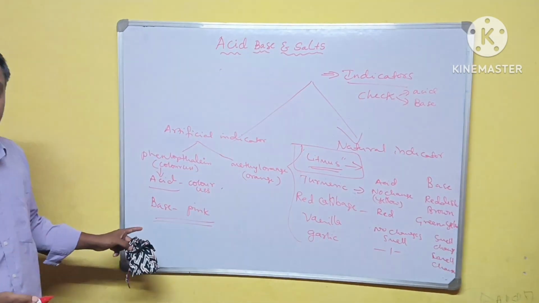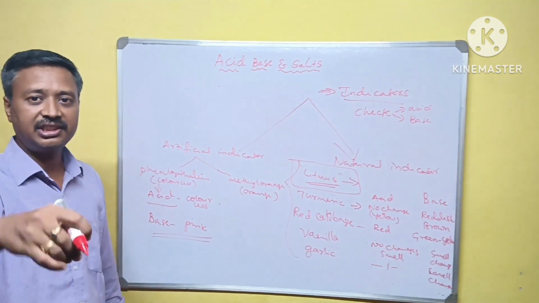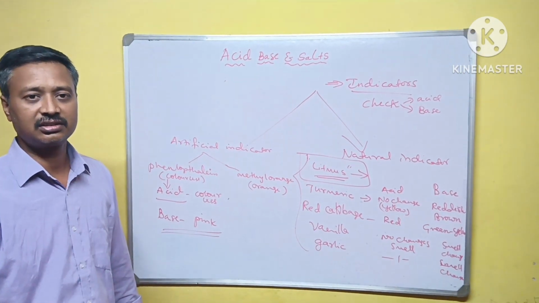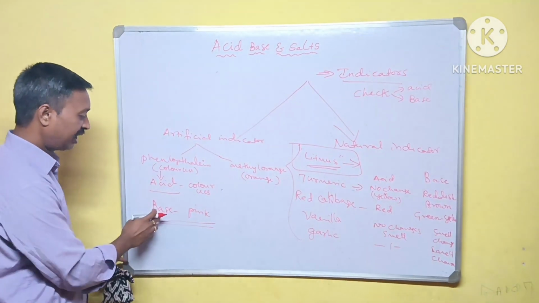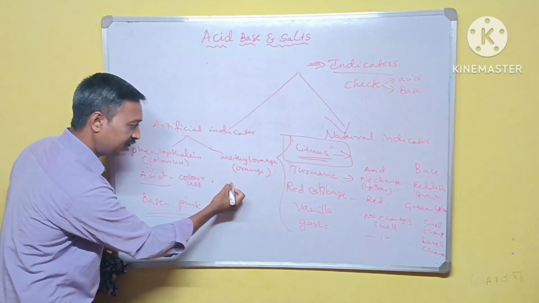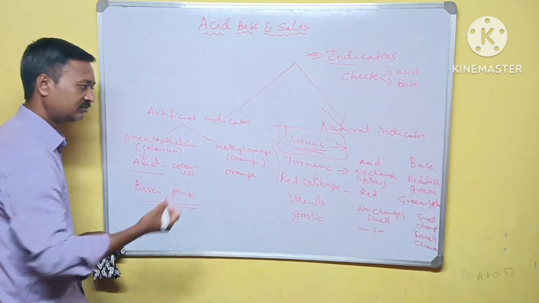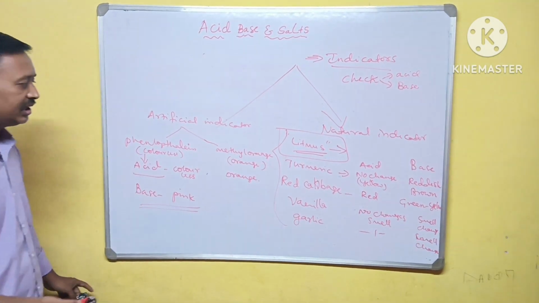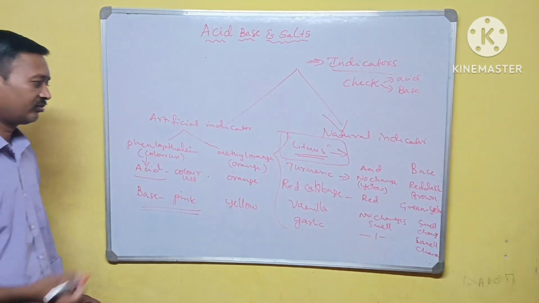Take phenolphthalein, pour on an acid, no color change. Pour it on a base, the color changes to pink. Whereas methyl orange is orange in color. With the base, yellow color.